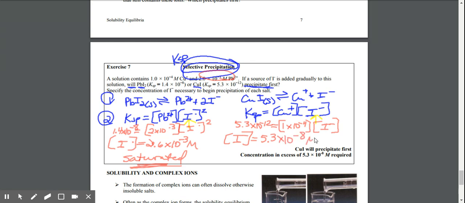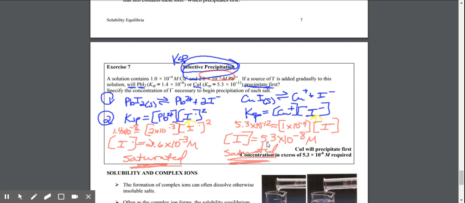molar. So again, let's explain what this information means. This is the amount of I minus in molarity that I need to add in order to make this saturated. Saturated is the threshold.